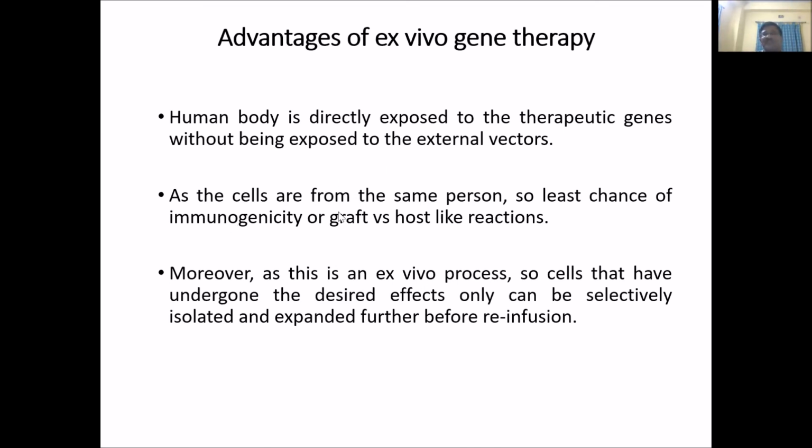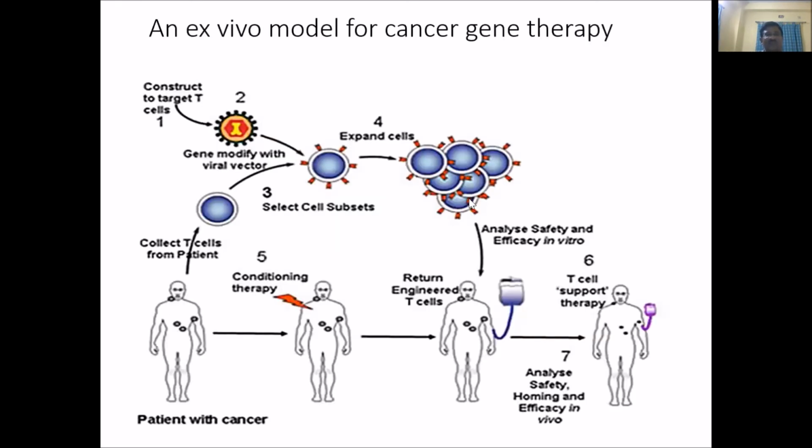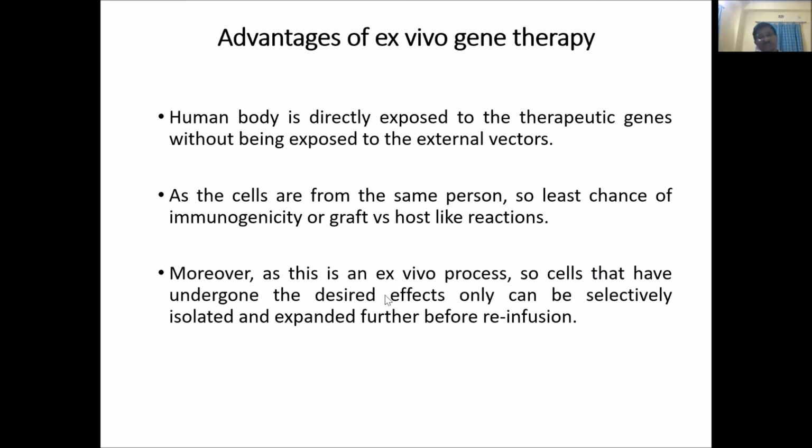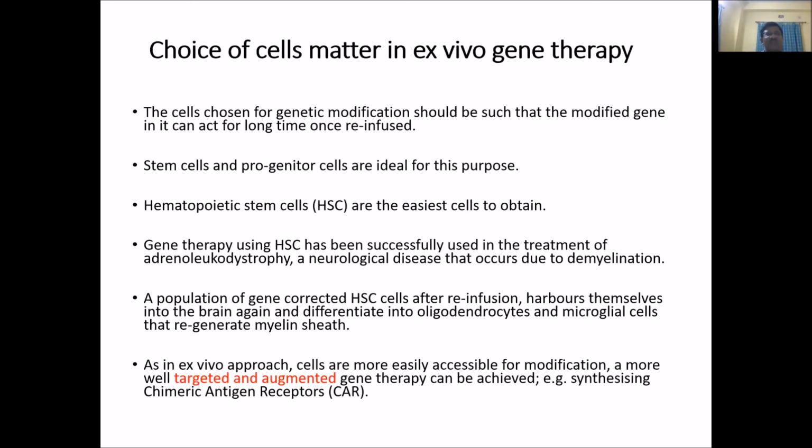And as the cells are from the same person, there is the least chance of immunological or graft rejection. Furthermore, in the ex vivo process, these genetically modified cells can be selected, amplified and expanded before reinfusion. So definitely they are going to increase the effectiveness of the gene therapy.